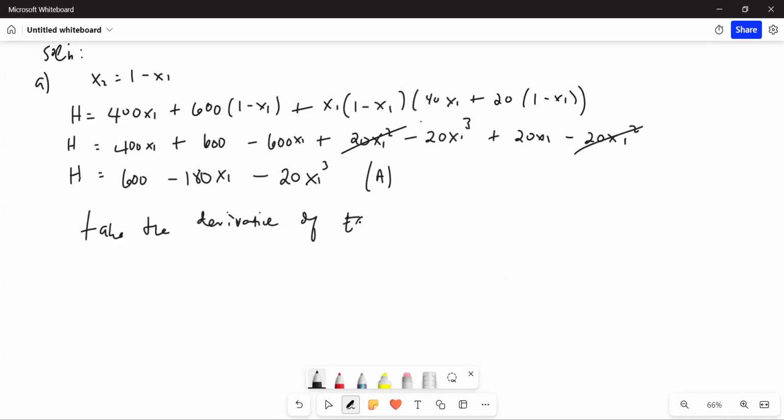So that is dH over dx1. The derivative of a constant is 0, right? Then minus 180, and then minus 60 x1 squared, correct?